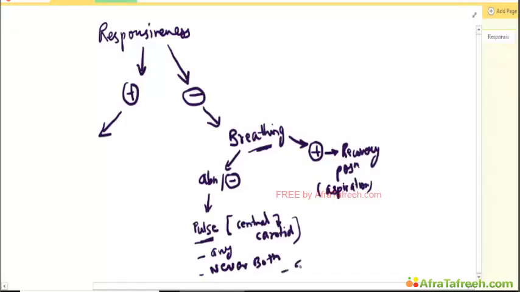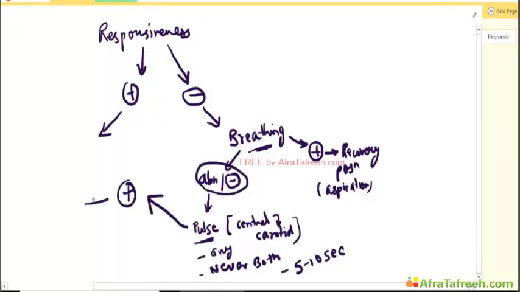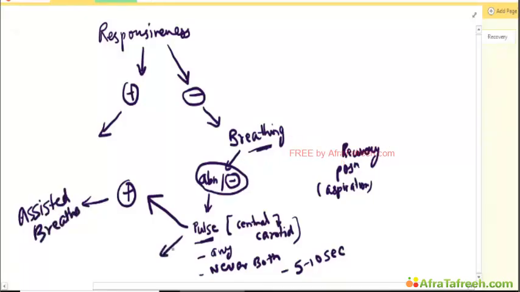You check for 5 to 10 seconds, not more than 10 seconds. Now, if the patient has a pulse, mind you, the patient has an abnormal breathing, you need to assist the breathing. So you need to give assisted breaths. If the patient has no pulse or a doubtful pulse, start chest compression.